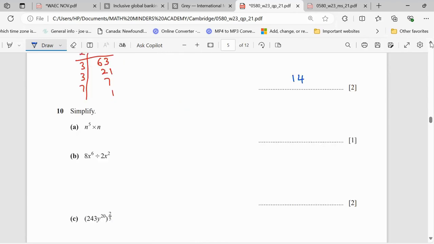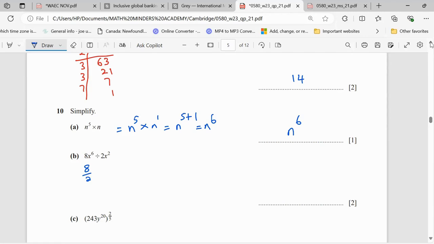Now, we want to simplify this. This gives us n raised to power 5 times n raised to power 1, which is n raised to power 5 plus 1 by the laws of indices. That's n raised to power 6. We'll put it here. Now, for this, divide 8. Divide all the numbers.